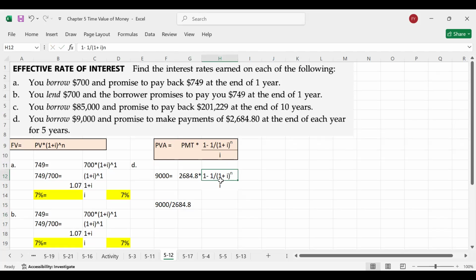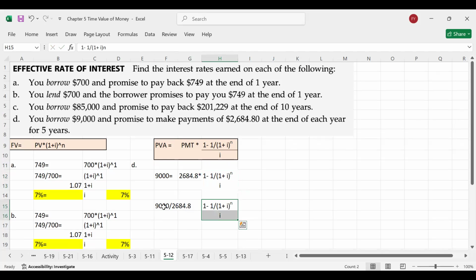So this factor will remain the same. When we divide this, we have 3.3522, and the time period involved is 5 years. Do remember that this example is for 5 years.